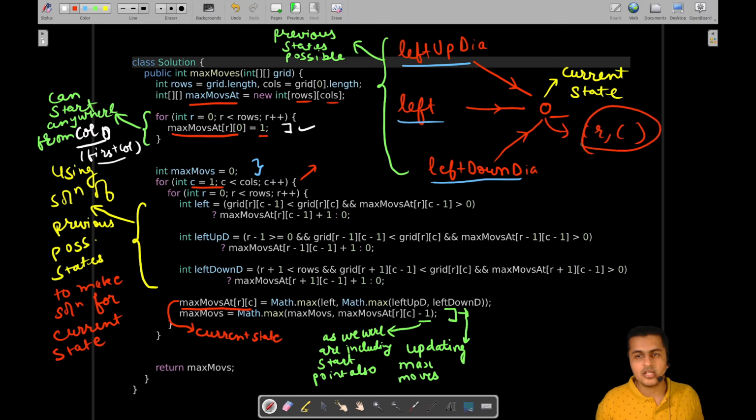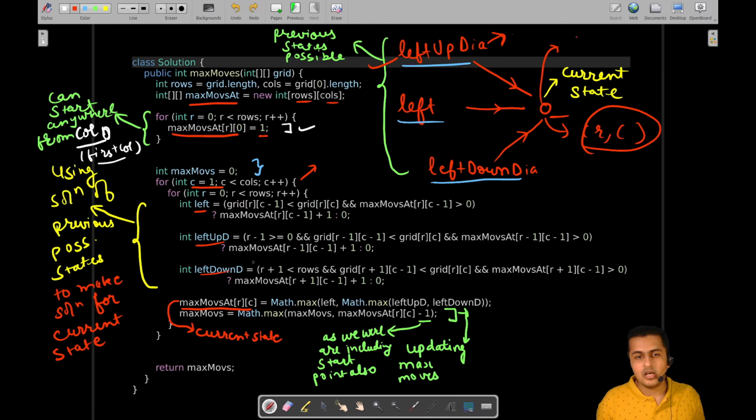You would be taking contributions from the previous possible states, and those would be these three, as I have shown here. Whatever number of moves were made till there, the number of moves here would be just one more than that.